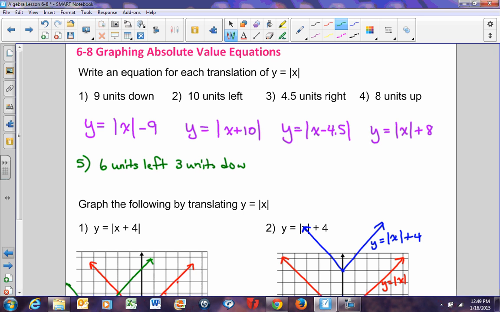We're going to do both of them together. And if that was my case, y equals, left and right means everything's in the absolute value. Left means I'm going to go a plus, so x plus 6. 3 units down is outside the absolute value, and it's minus 3. So all you do is horizontal goes first, vertical goes second. Simply done.